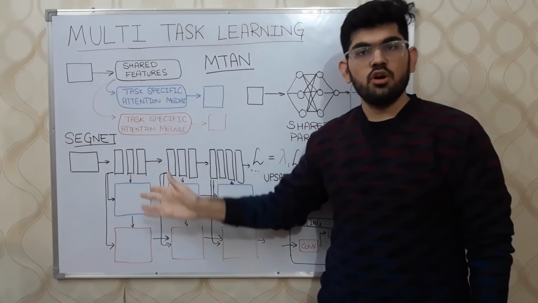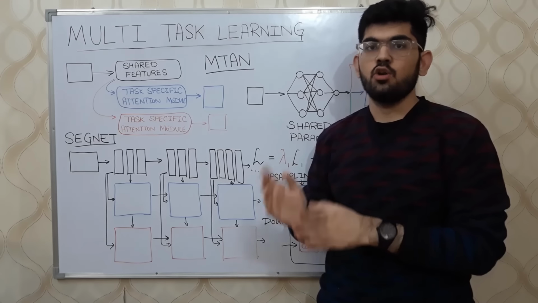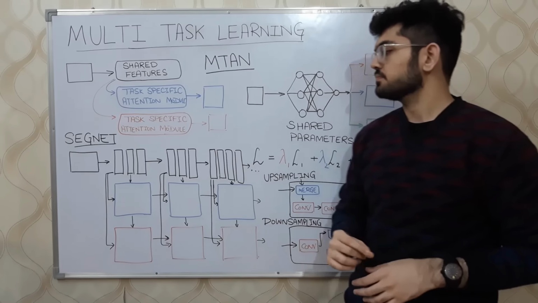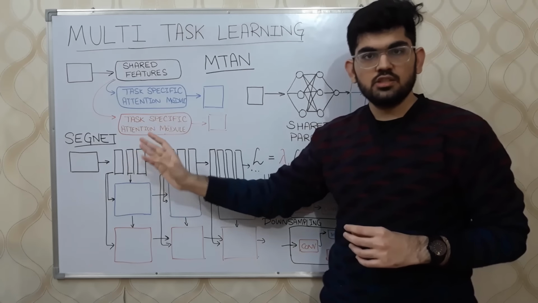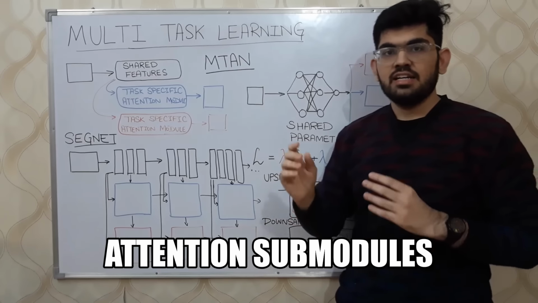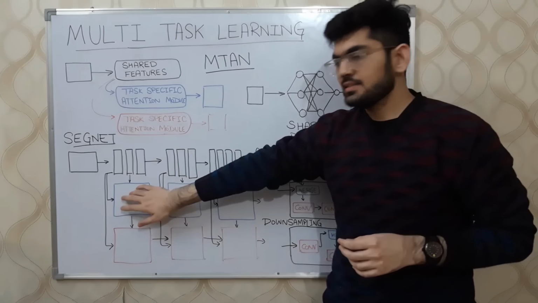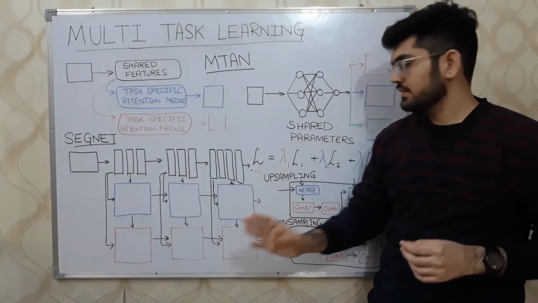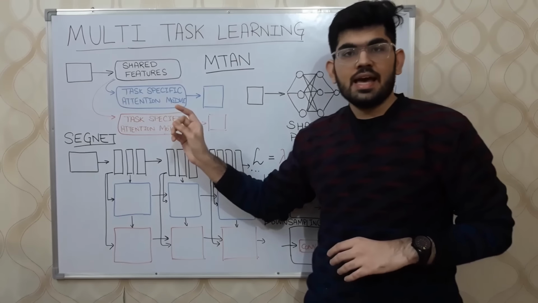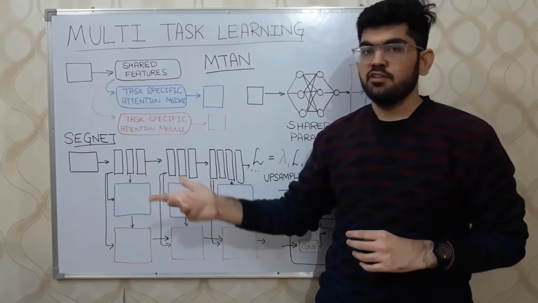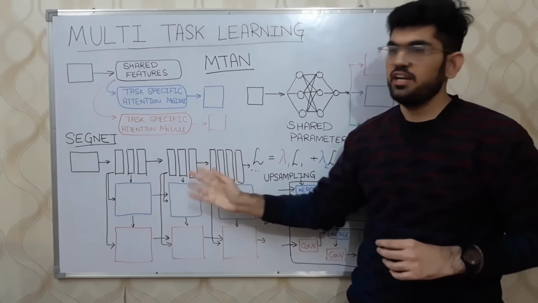These convolution blocks comprise convolution layers followed by some pooling layers. Now the MTAN architecture is in such a way that for each of these convolution blocks, we have attention submodules. These submodules are for the blue task and these submodules are for the red task. The arrows over here show the data flow that is happening between the overall network.